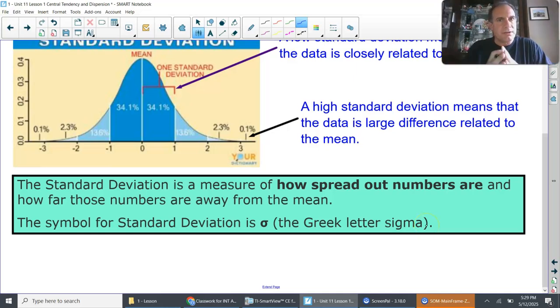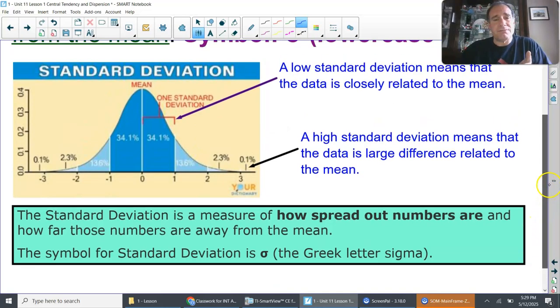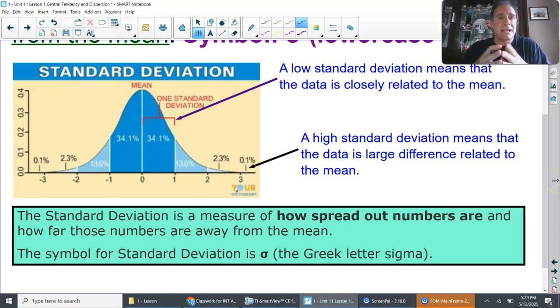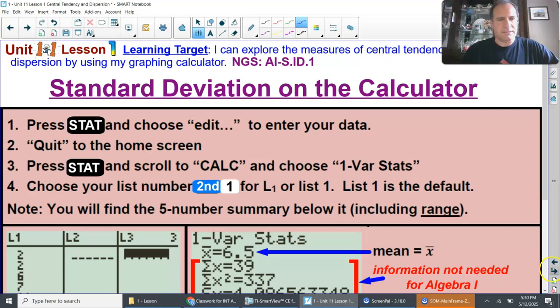The closer the numbers are to the mean, the better the representation of the mean in that data set. So when it has a lower standard deviation, it means that the numbers in the data set are closely related to the mean. A higher standard deviation means that there is a large difference in relation to that mean.